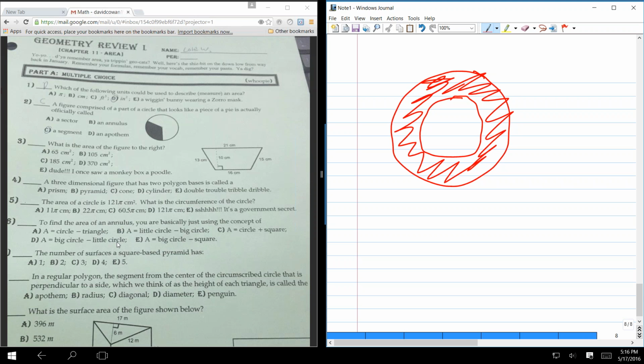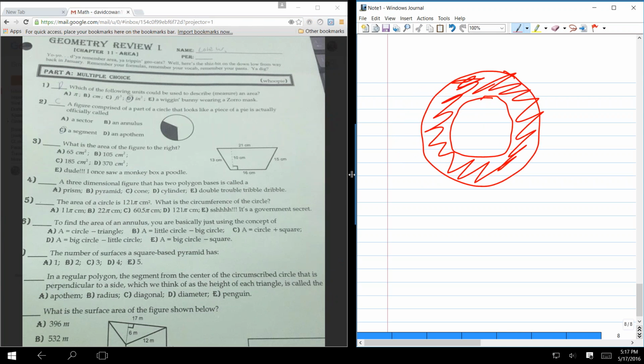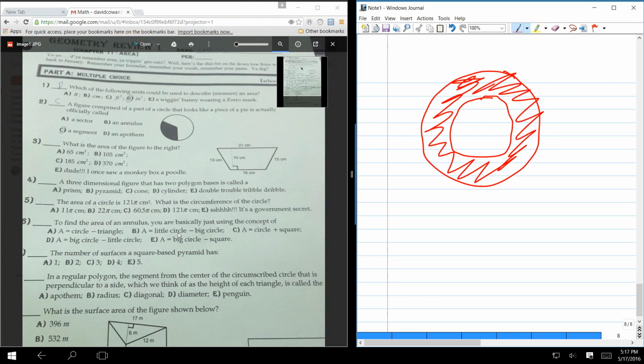Okay. That's the only thing that makes sense to me out of all the answers. Yeah, no, I think you're right. And from what I looked up, that seems to be it also. It's just that little circle minus big circle would be a negative number, which... Right, exactly. So it's got to be D.